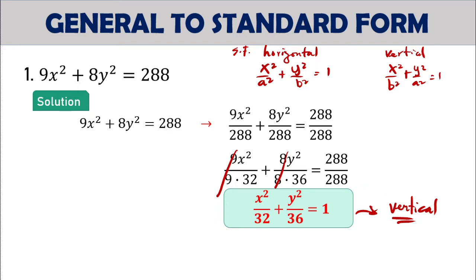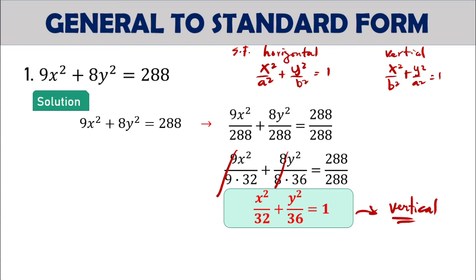Because as you observe, the denominator of x squared is smaller than the denominator of y squared. So in this case, since the denominator of x squared is lower than that of y squared, it is vertical.